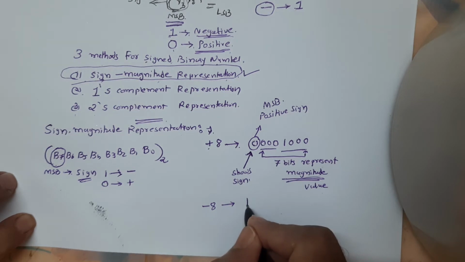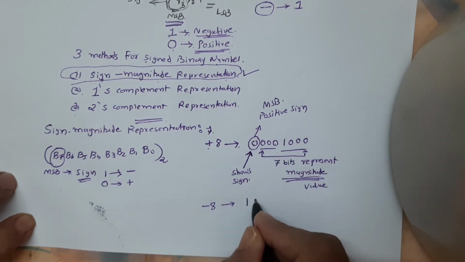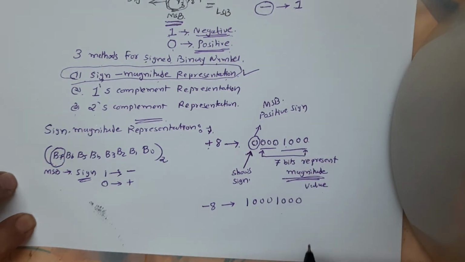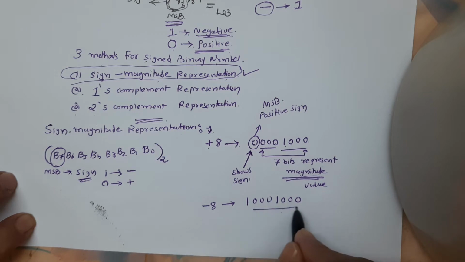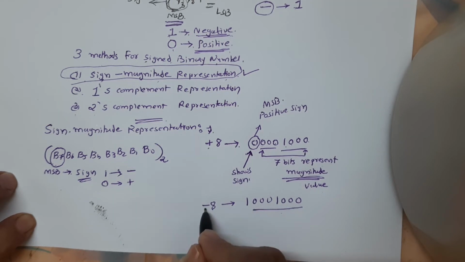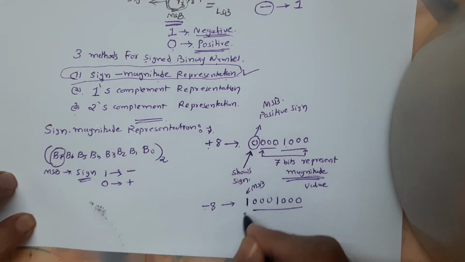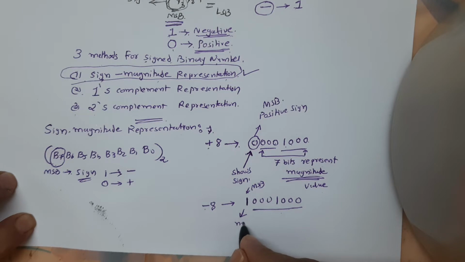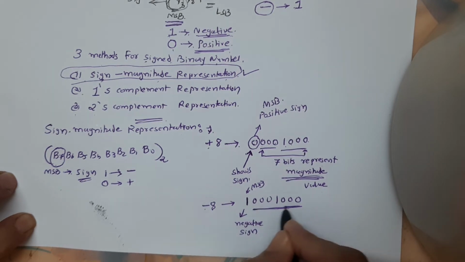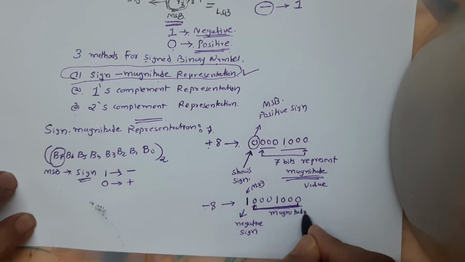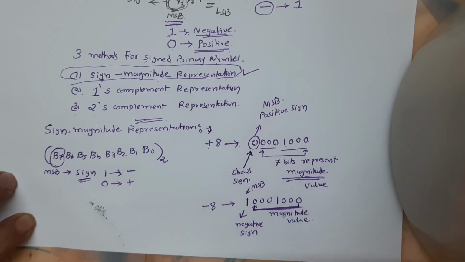Instead of 0, we write down here 1. Same 0, 0, 0, 1, 0, 0, 0, right? Because this is the value of 8. And this negative sign means 1. This is your MSB. This 1 represents the negative sign, and the remaining 7 bits up to this represent magnitude, or we can say value of the digit, right?